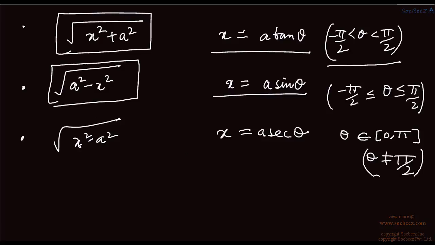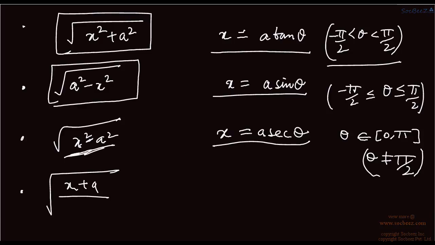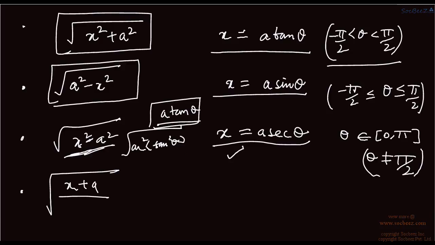Of course, this a sec theta will make this simplify, because x is a sec theta, so x square is a square sec square theta minus a square, taken out common, so a square times sec square theta minus 1, that is tan square theta, and root of this will give you a tan theta. So you are free of the square root function, and what we have to do is just get free of the square root functions, and these substitutions will get you there.